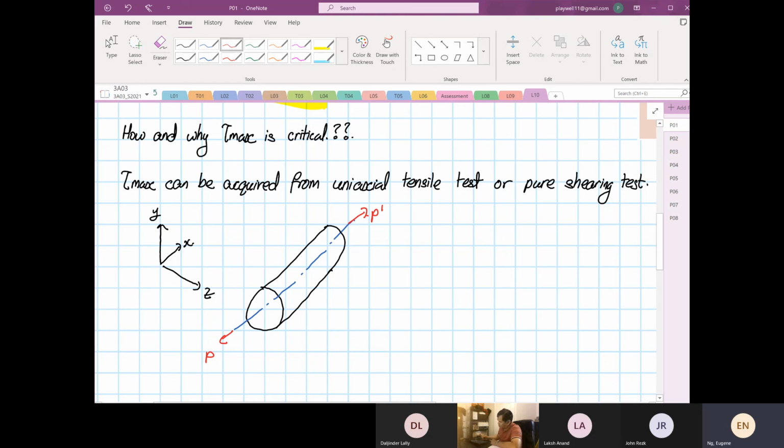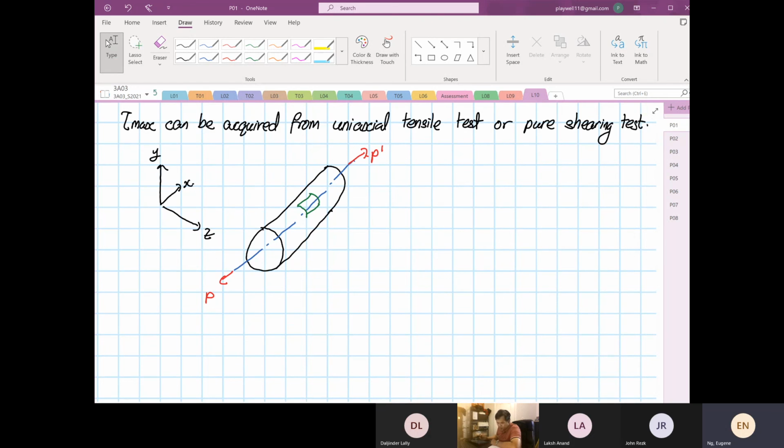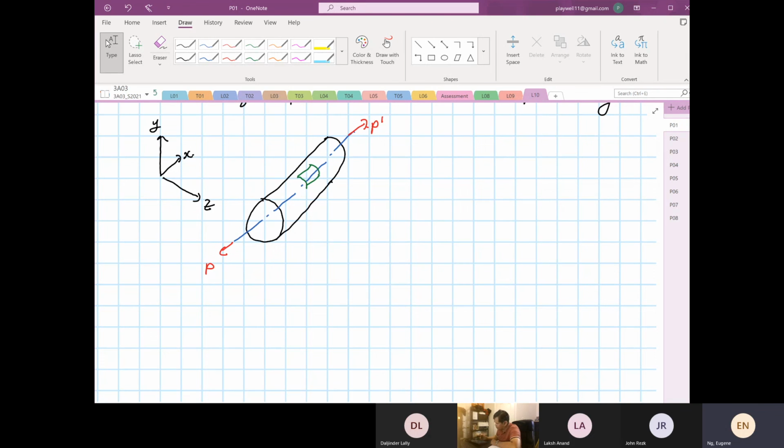So if I were to put an element over there and draw the element, I'm sorry, I think I should have drawn this element this way. I do apologize.